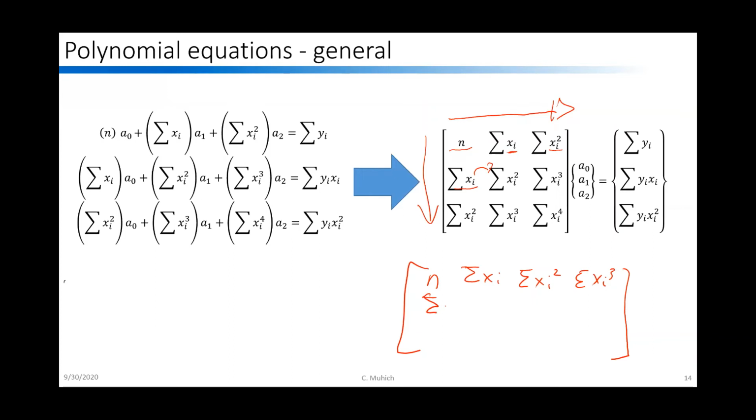So I can do this going down: sum of xi, sum of xi squared, sum of xi cubed, sum of xi to the 4th. And this would continue in this downward pattern of incrementing by 1. Same thing here.